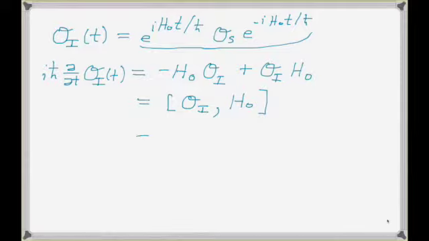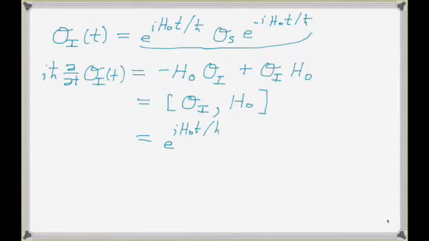And so I could also pull out, just like we did before with the Heisenberg one, these exponential terms, e to the iH0t over H bar, O_S comma H0, e to the minus iH0t over H bar.